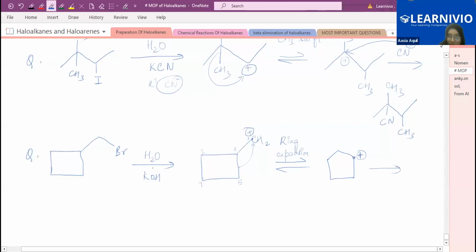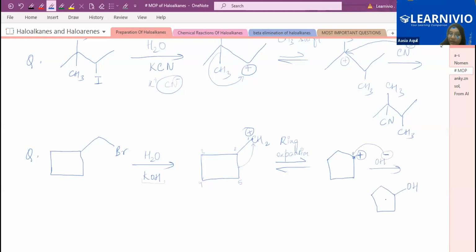So now you will do a similar thing. KOH, potassium hydroxide, so K plus and OH minus. So OH minus is your nucleophile here. So this nucleophile will attack this carbocation center, carbon center, and just attach this hydroxyl group to that position. So that is your product. Very simple.